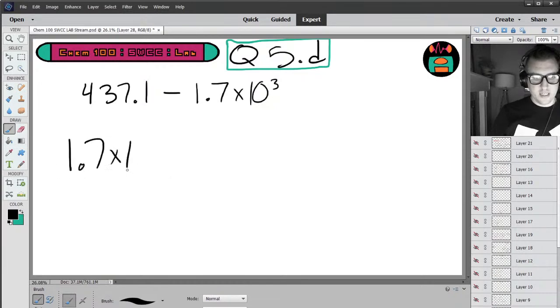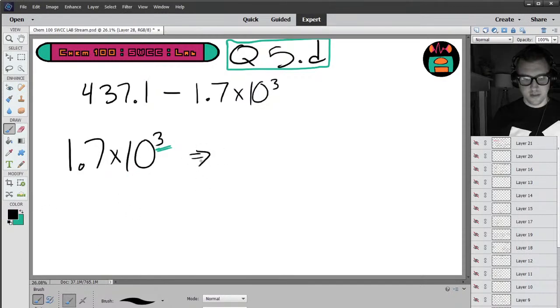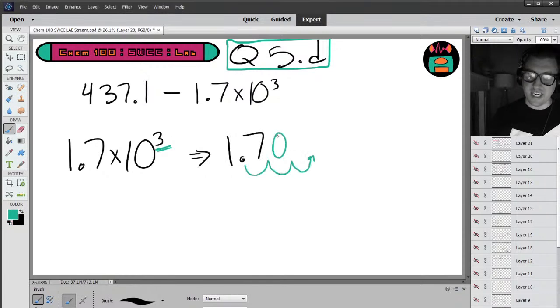1.7 times 10 to the 3. Well, because it's 10 to the positive 3, that means I need to take my decimal and roll it 1, 2, 3 spaces over. That means I need to add 2 zeros in here.